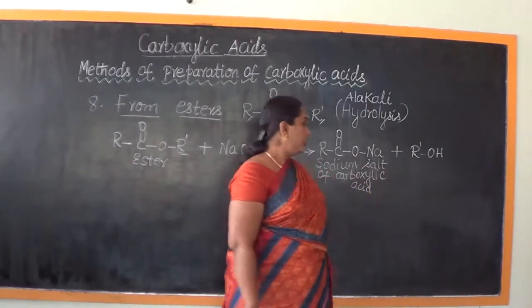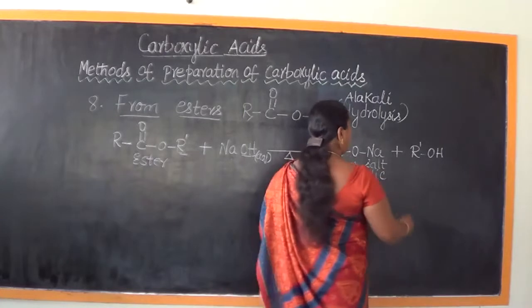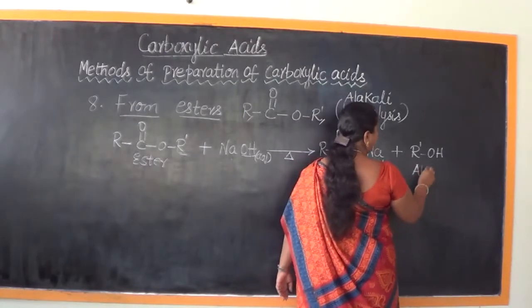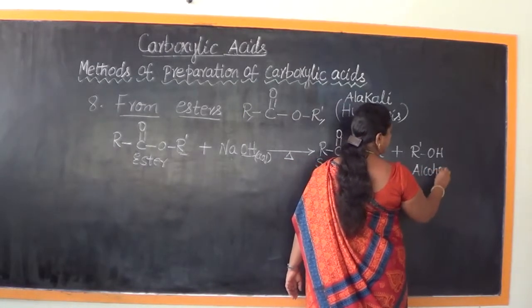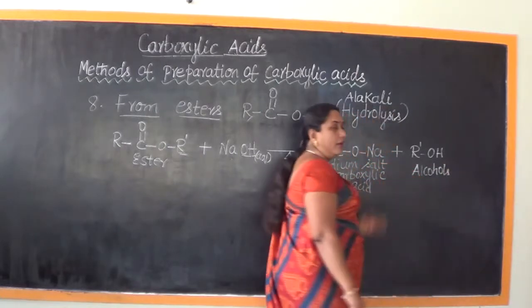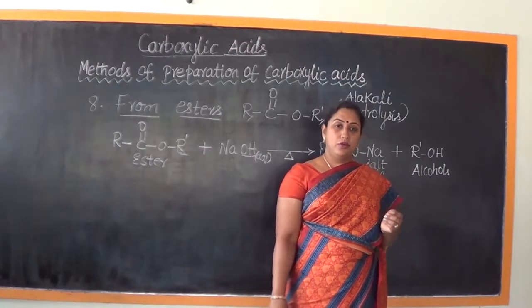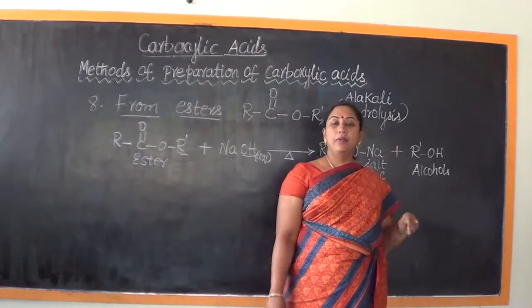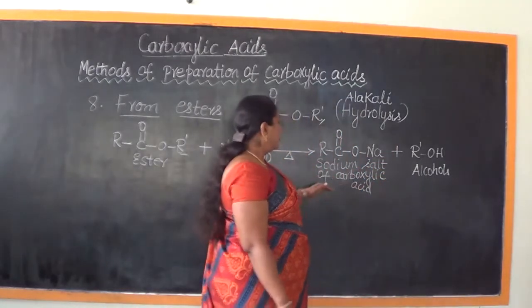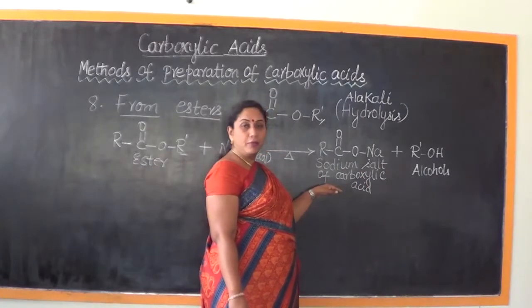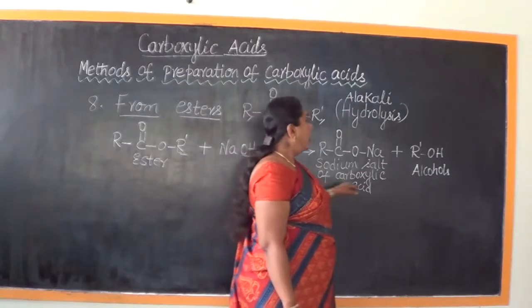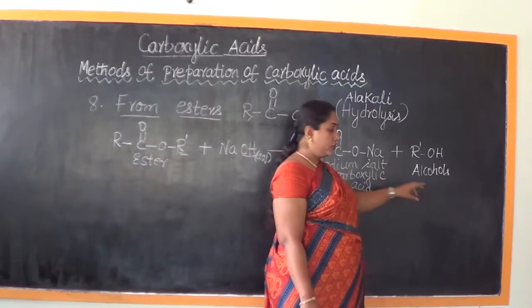In addition to this, we will also be obtaining the alcohol. ROH or R-OH is a general formula of alcohols. So what are the two different products we are going to get? We are going to get the sodium salt of the carboxylic acid and alcohol.